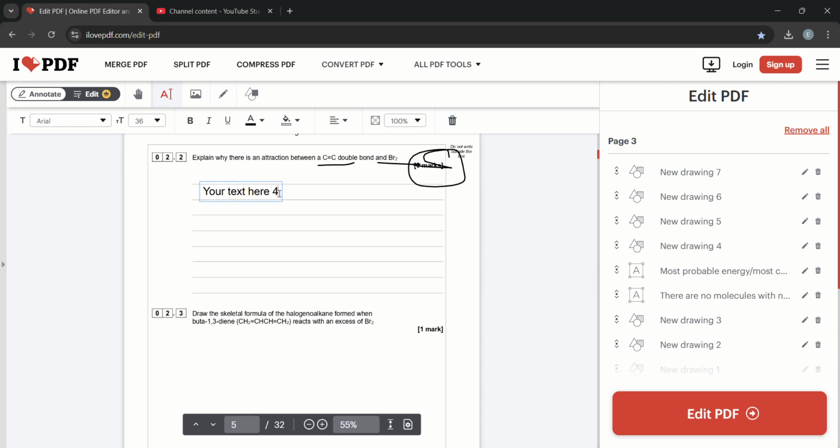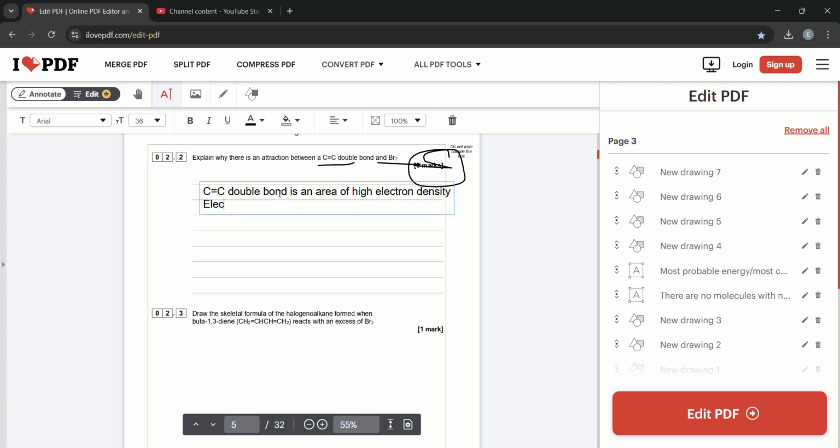Okay, so why is there an attraction? Well, we know that a carbon-carbon double bond is an area of high electron density. What does that mean?